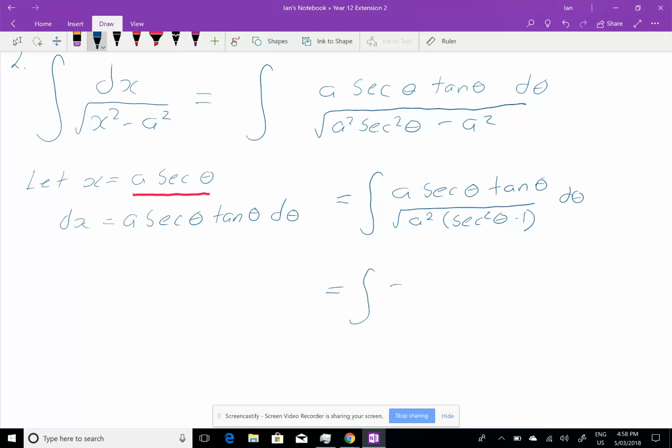On the bottom, a squared, and sec squared theta minus 1 is tan squared theta.